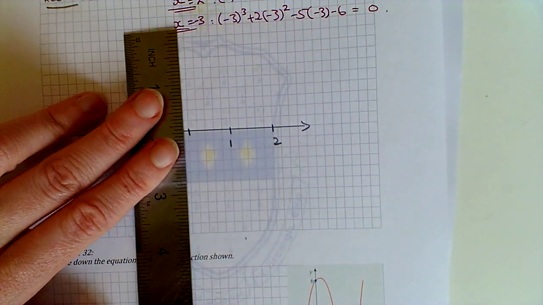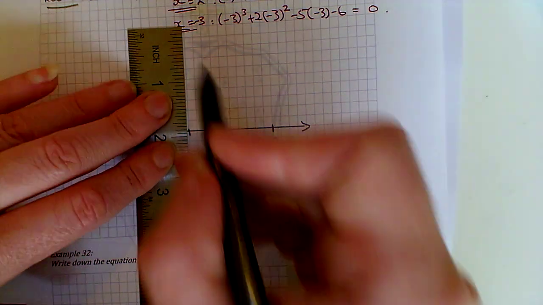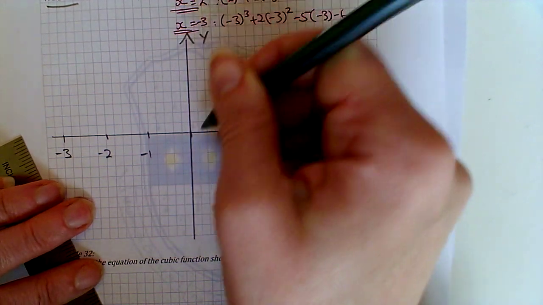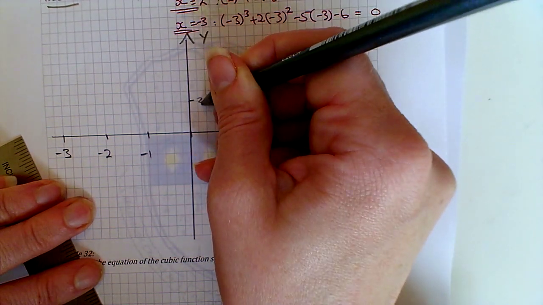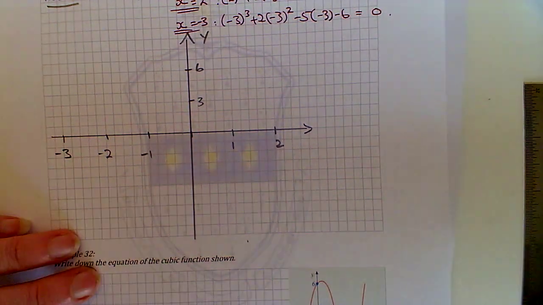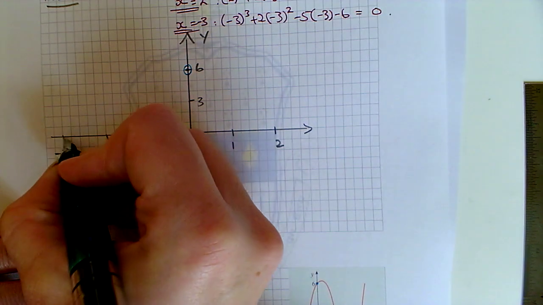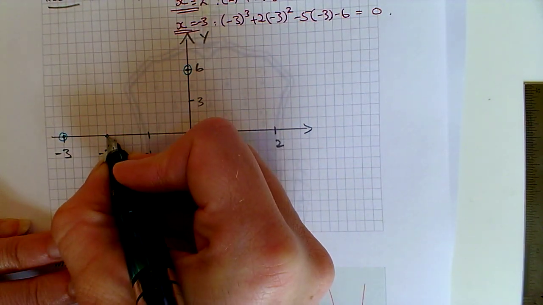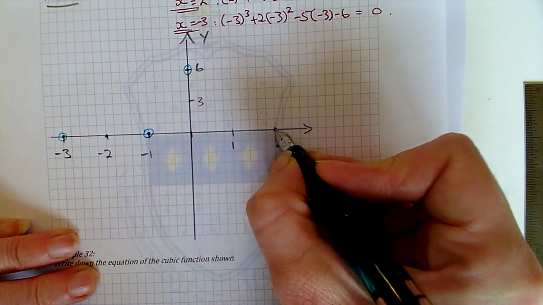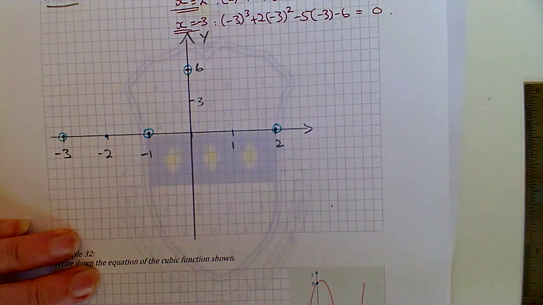And I need to go up as far as 6 for my y-intercept. 1, 2, 3, 4, 5, 6. Let's put in the important points. There's my y-intercept, and here are my x values, my roots. And I know that I'm finishing pointing down.